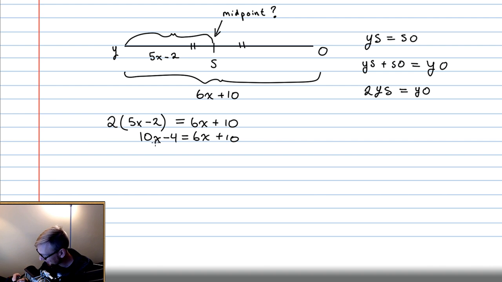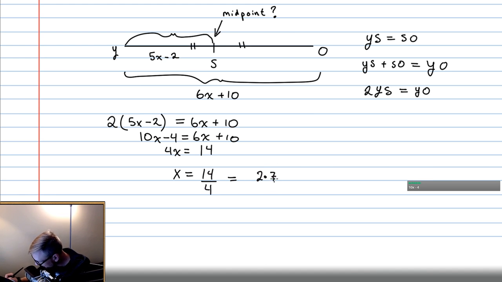Since there's a bit of a delay, I get to do this. 10x minus 6 is 4x. Plus 4 to both sides gives us 14. Divide by 4. 14 over 4, which is 2 times 7 over 2 times 2. 2's cancel out. Good. 7 over 2.